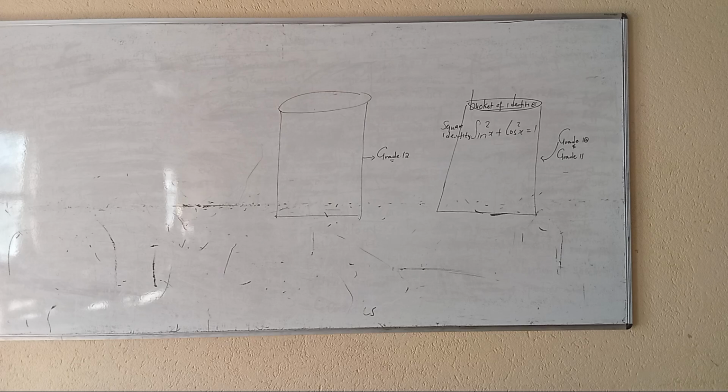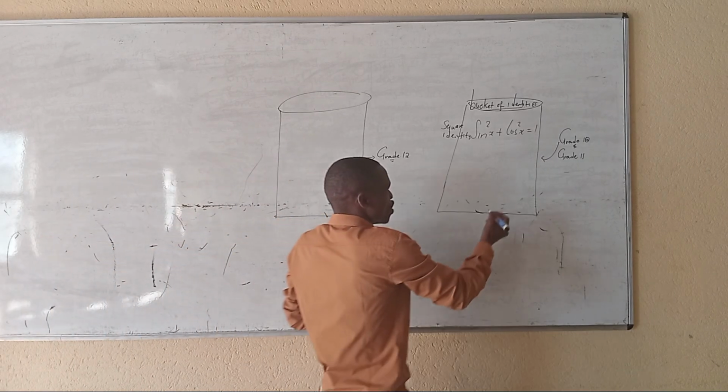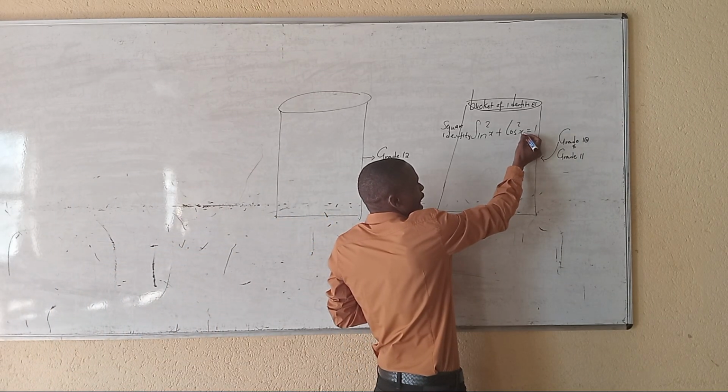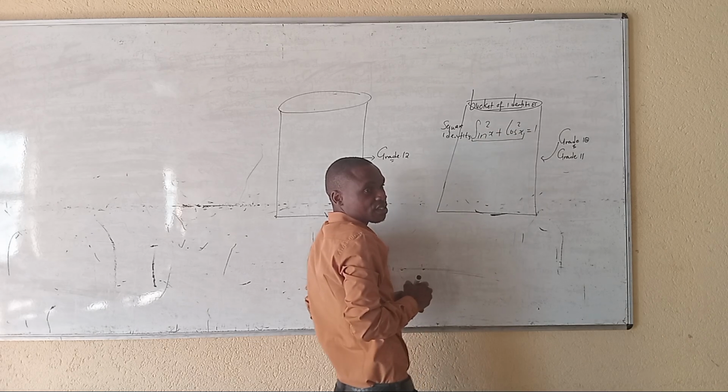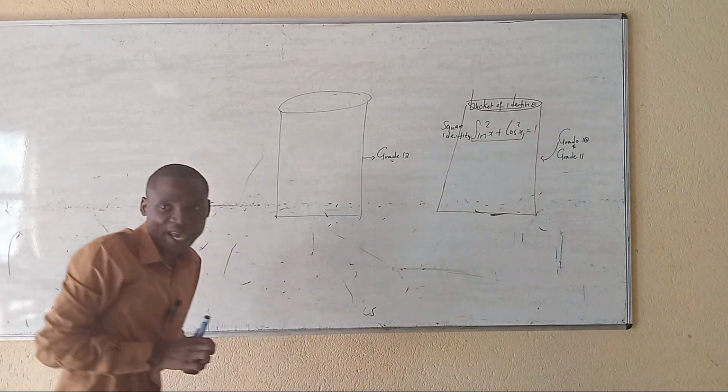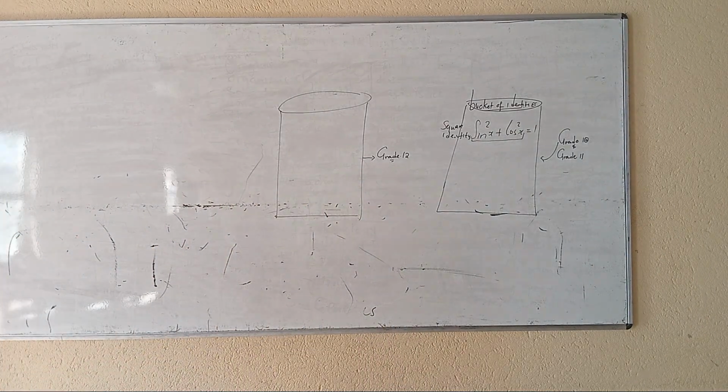Again, sine squared x plus cos squared x is 1. So all the time, when we see sine squared x plus cos squared x, we have a right to substitute it with 1.